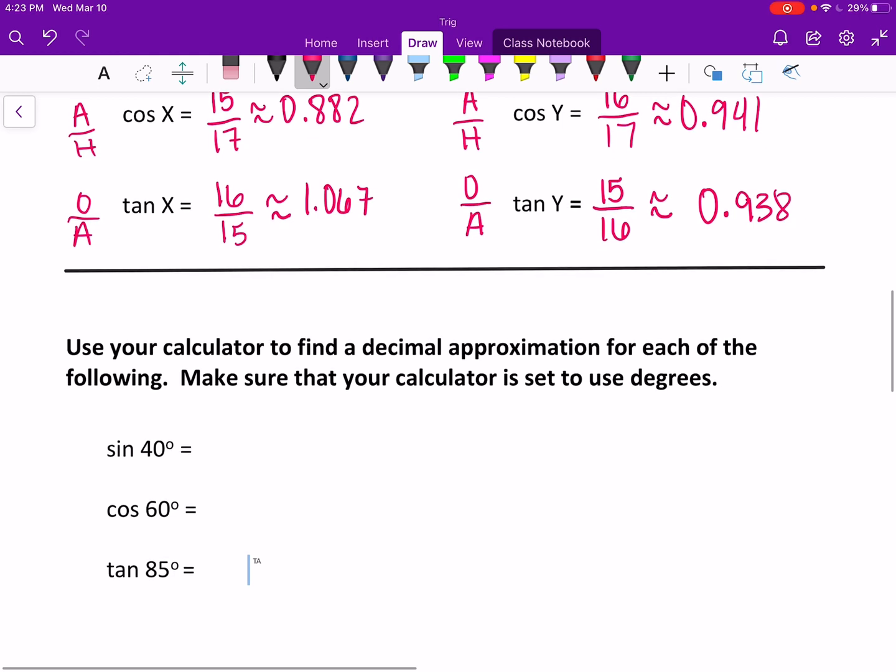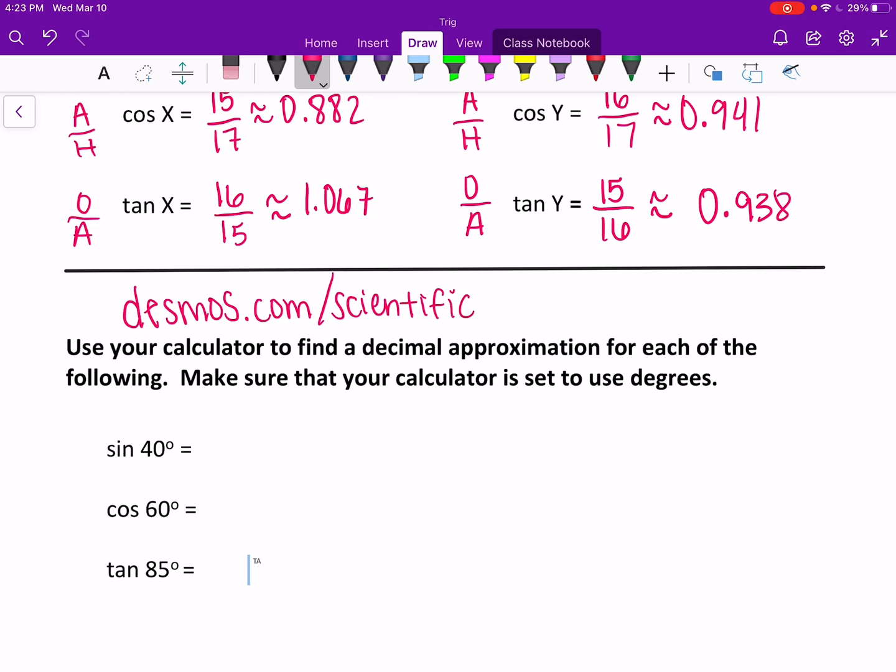Now I just want to check and make sure you guys have your calculator set up right for what we are about to do. Please make sure your calculator is set to degrees. Usually it'll say somewhere on your calculator screen. If you don't have a good calculator that will use sine, cosine, tangent, go to Desmos, I'm going to write it up here, desmos.com/scientific.